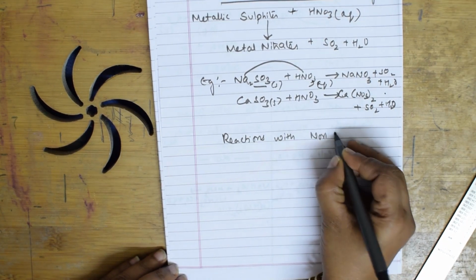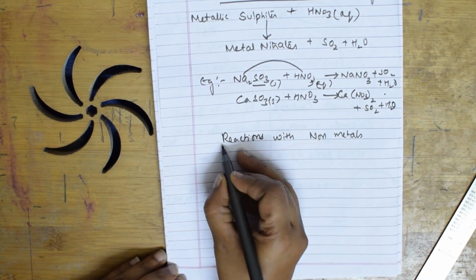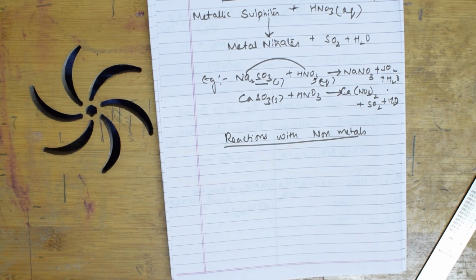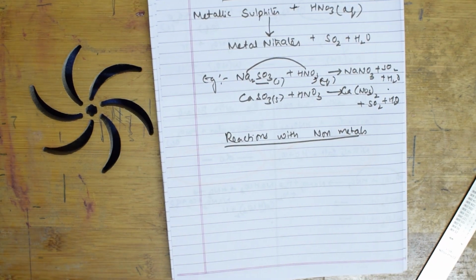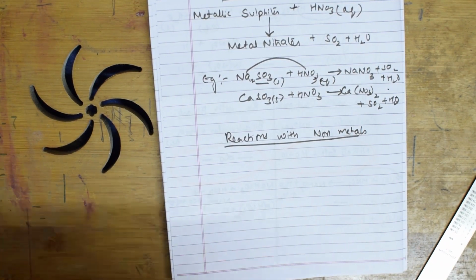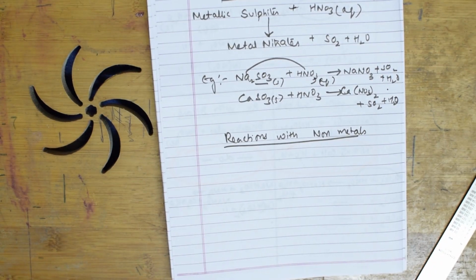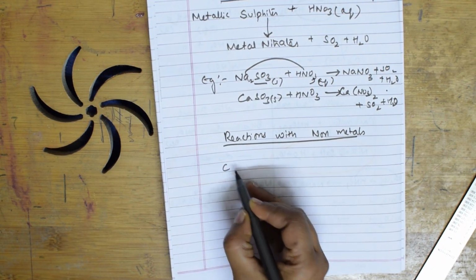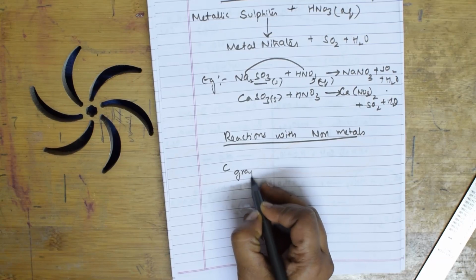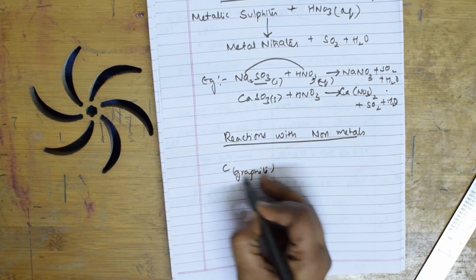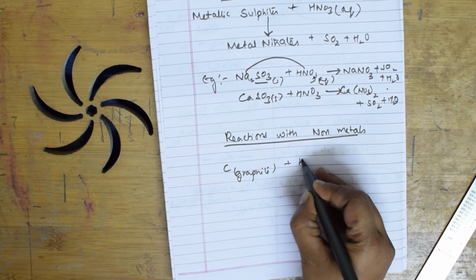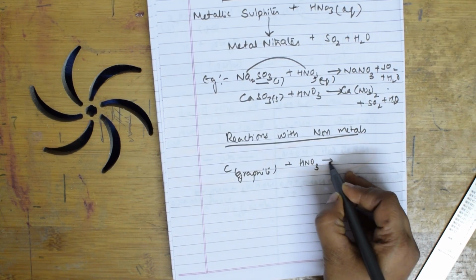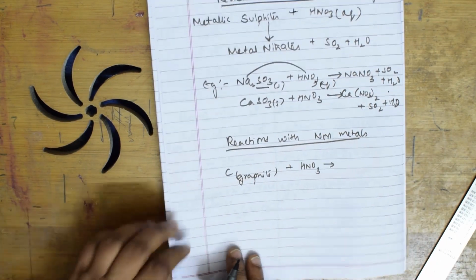Remember this is also very, very simple, students. So basically whenever, what are the non-metals? Carbon, sulfur, phosphorus, all these are non-metals, isn't it? Suppose when you are reacting with that, I'll take the basic example, carbon. So carbon is nothing but graphite, isn't it? Yes. So when I take carbon, when I'm reacting with nitric acid, what do I get? The first thing which I get is, just see, there are two things.